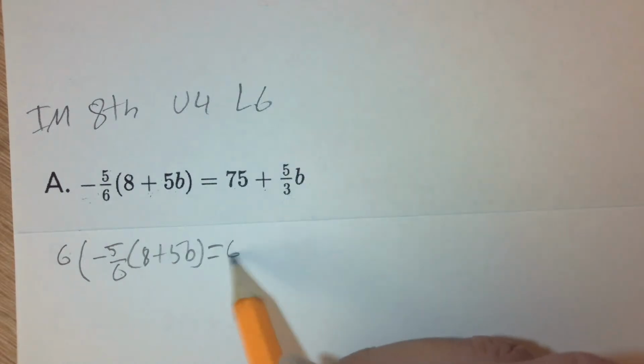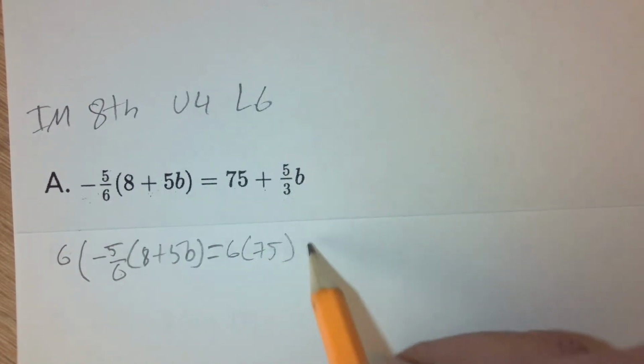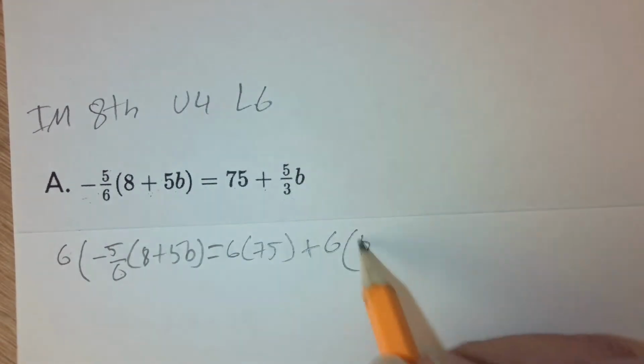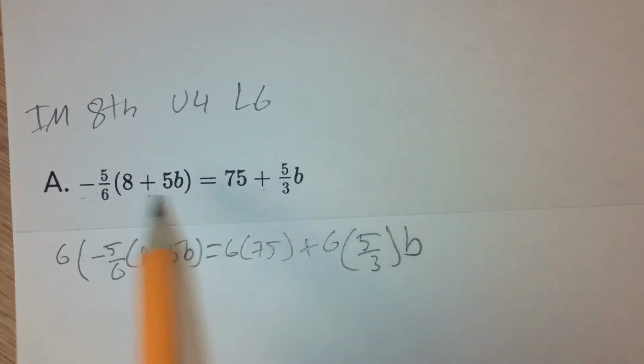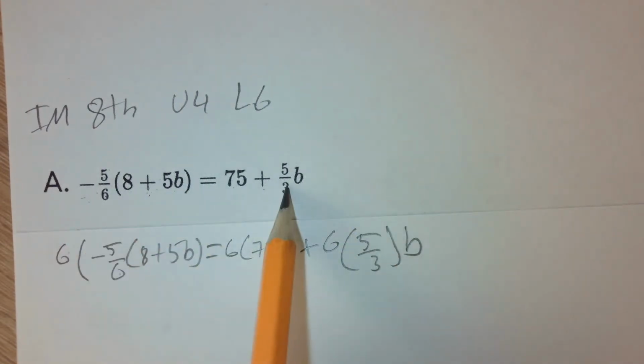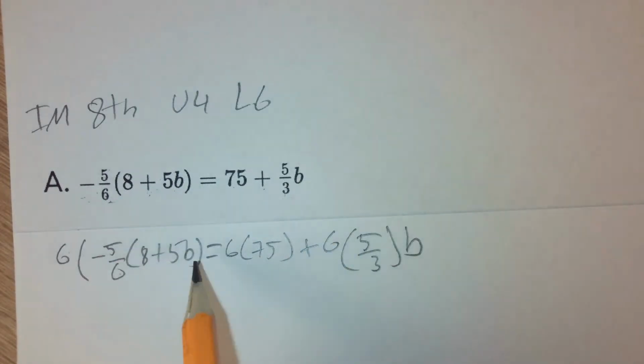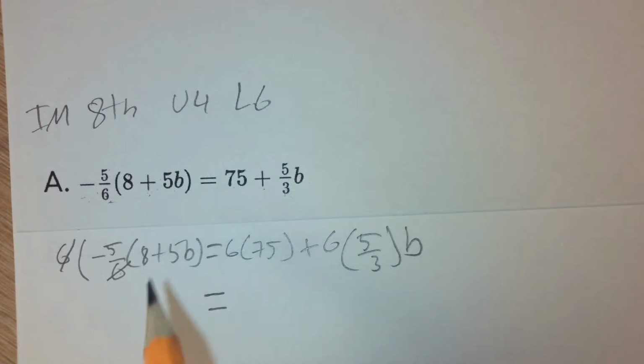Now here multiply 6 by 75 and also 6 by 5/3 b. So again, multiplied everything by 6 because that's the common denominator here. Now let's bring down our equal. Remember, that's the balance of our equation. On the left side, the 6's cancel. Canceling doesn't mean 0.